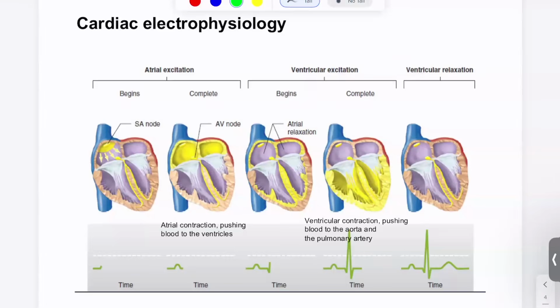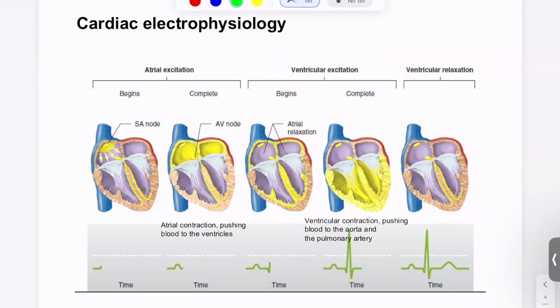This is the ventricular excitation phase, and this is also the atrial relaxation phase. They happen at the same time. In this phase, we have the QRS complex. Then finally is the ventricular relaxation phase, during which we have the T segment.